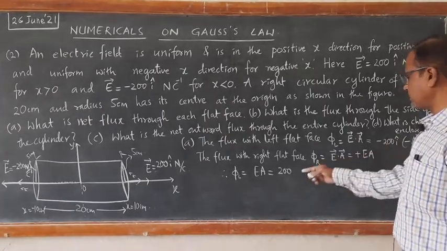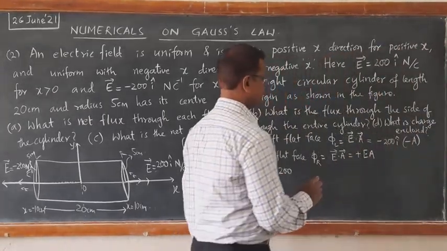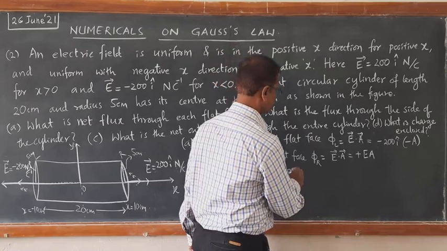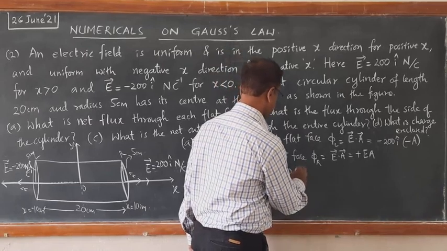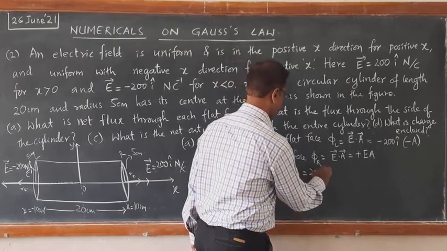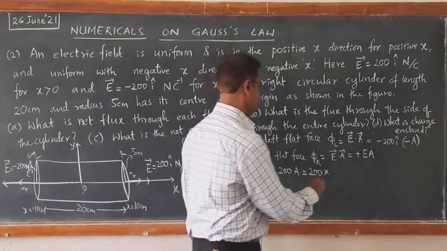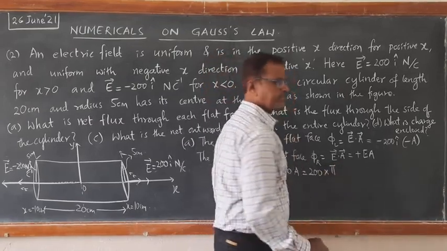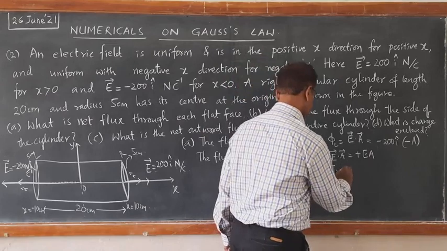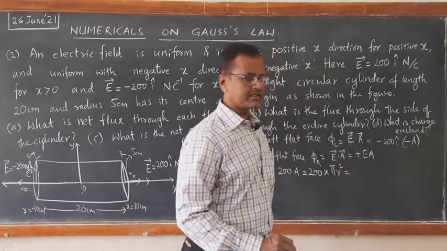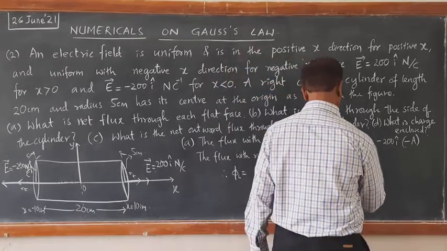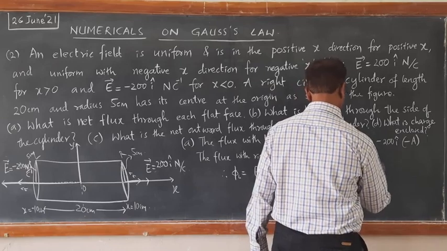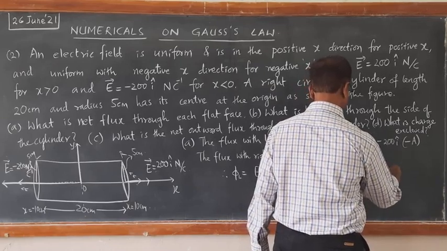Therefore, I can write plus 200 into area. So, 200 into area, where area is pi r square, where r is the radius of the cylinder.